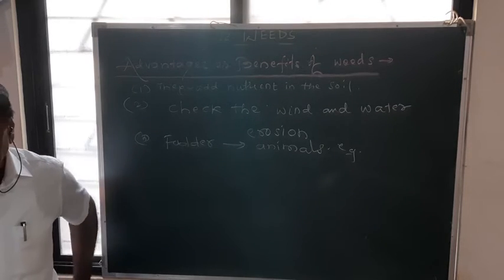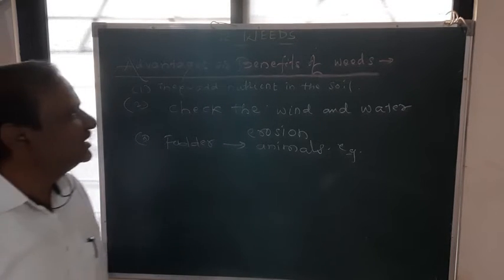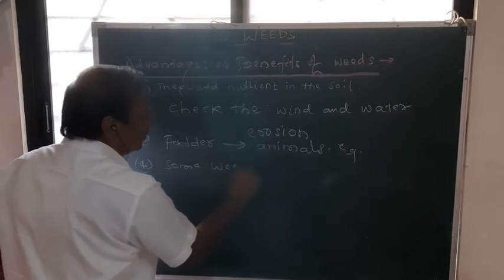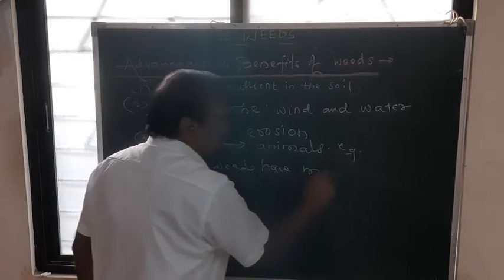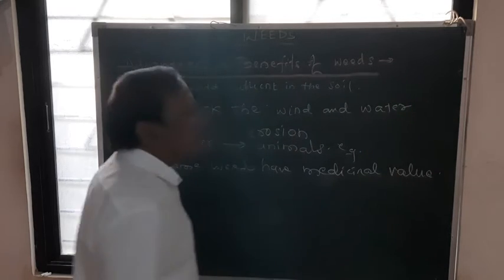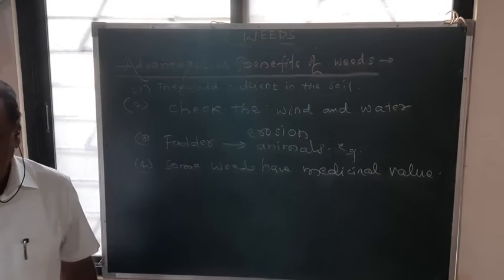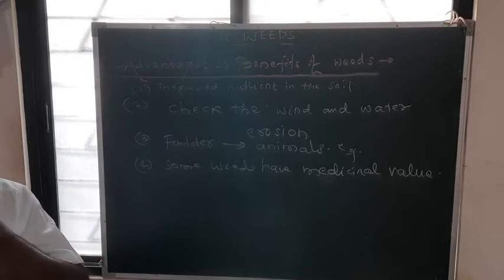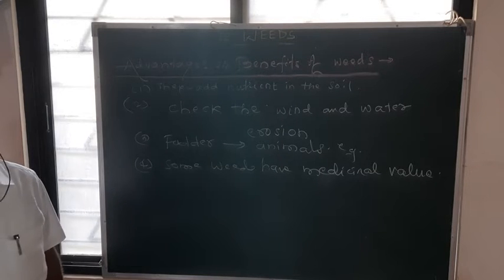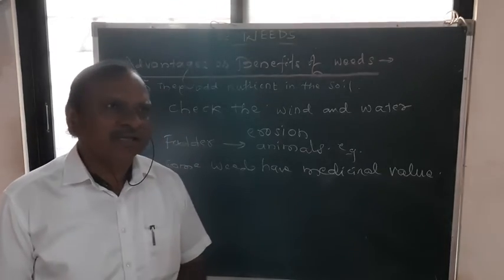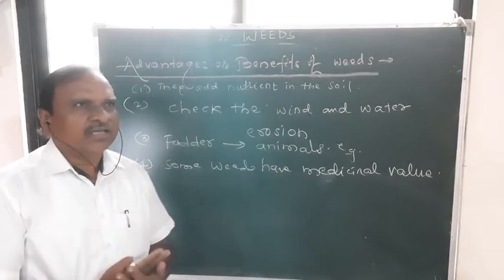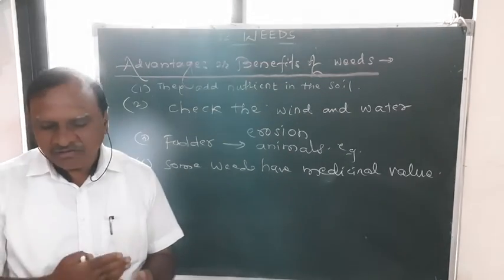Then next, some weeds have medicinal value. So this is also a benefit or advantage of the weed. Some have economic importance. For example, lavala is used for udbatti production. Means many times we see that incense is naturally obtained from the lavala type of weed.